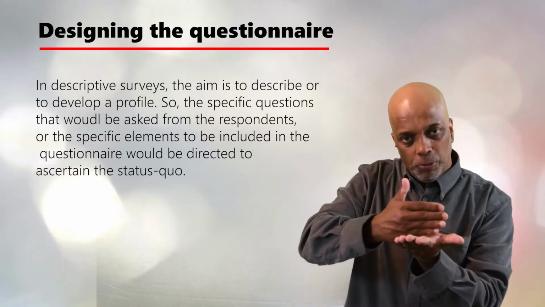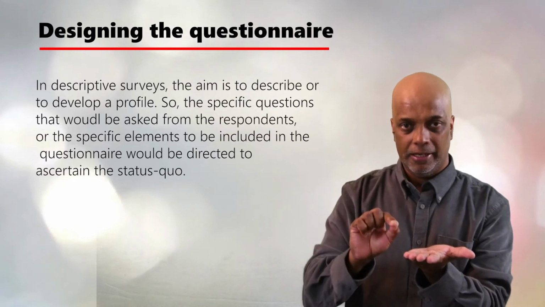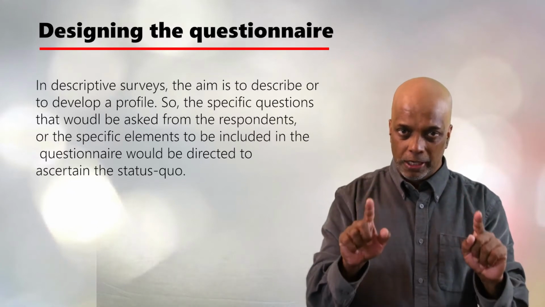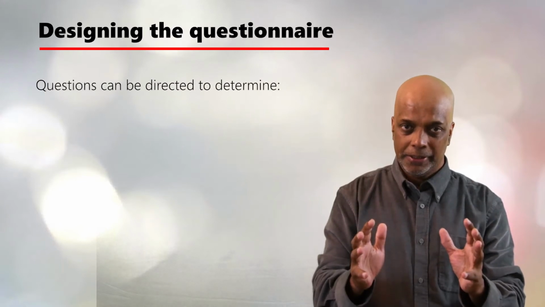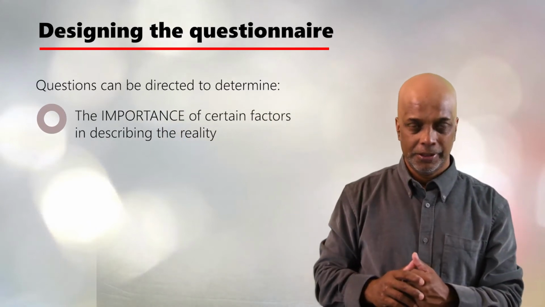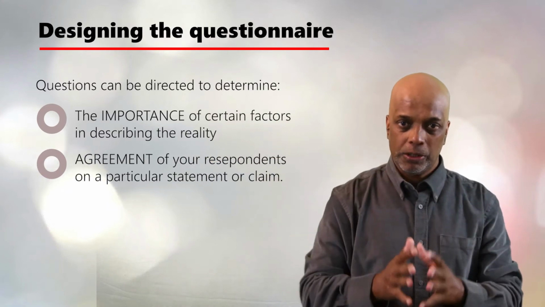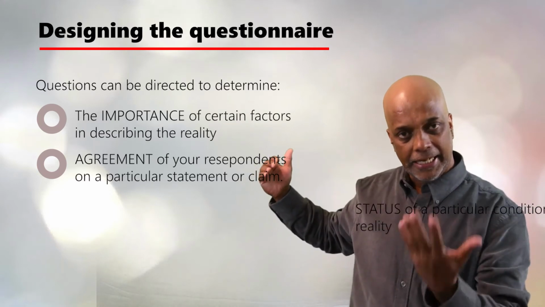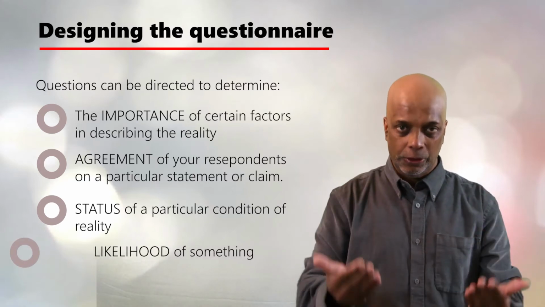Accordingly, you formulate your questionnaire. You formulate individual items in that questionnaire to ascertain the status quo. So when you are trying to do that, you can determine either the importance of something, or the agreement of your respondent about a particular statement, or you can ascertain the status of the reality, or you can ascertain the likelihood.